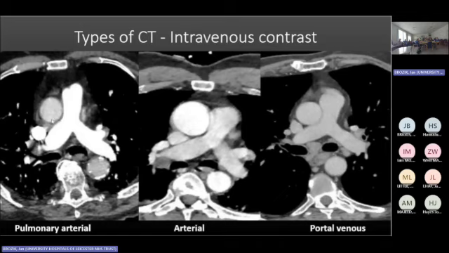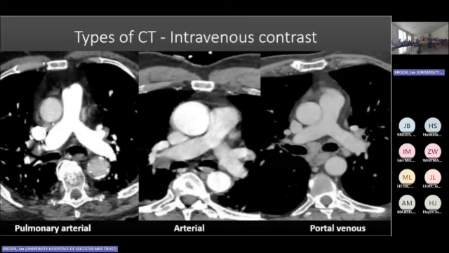So if the query is PE, we get very good enhancement of the pulmonary artery, relatively good enhancement of the aorta, but it could be better. And we have loads of dense contrast that is still flowing into the patient in the SVC.